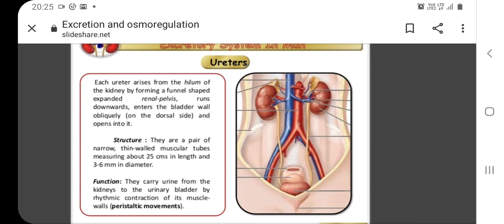They are a pair of narrow, thin walled muscular tubes measuring about 25 centimeters in length and 3 to 6 millimeters in diameter. The function of the ureter is to carry urine from the kidney to the urinary bladder by rhythmic contraction of its muscle wall, known as the peristaltic movement.